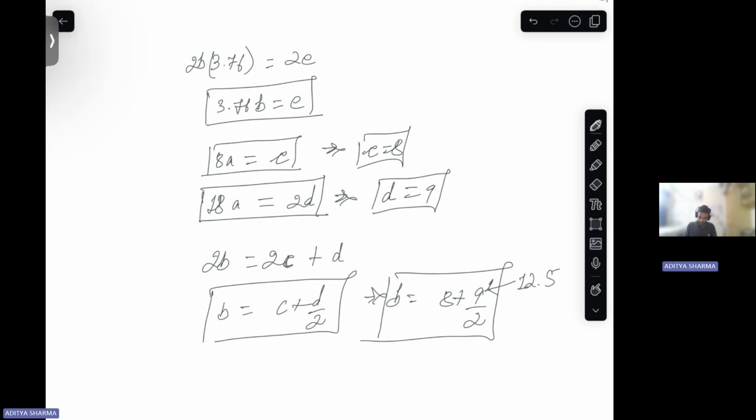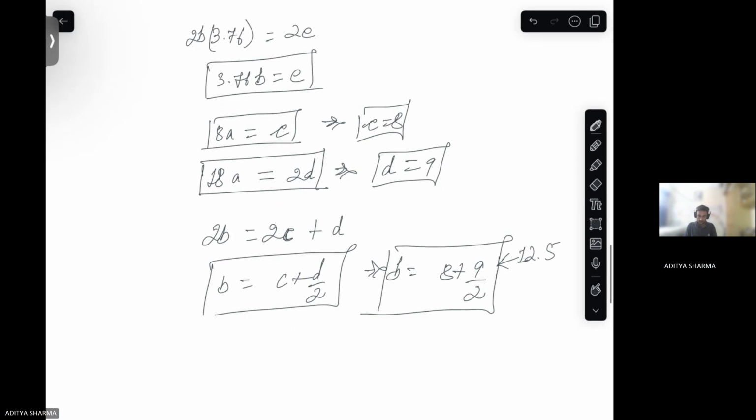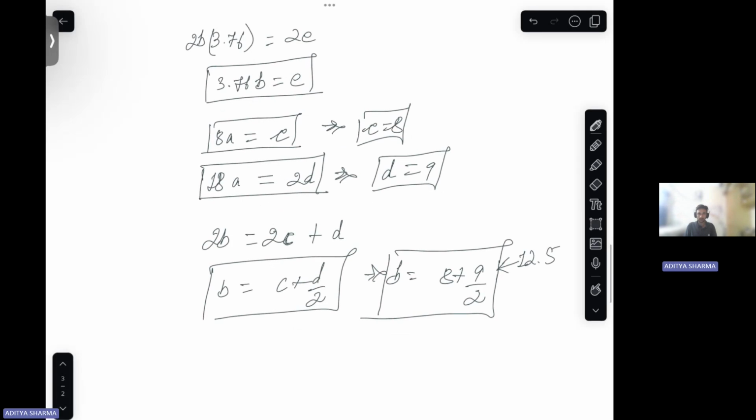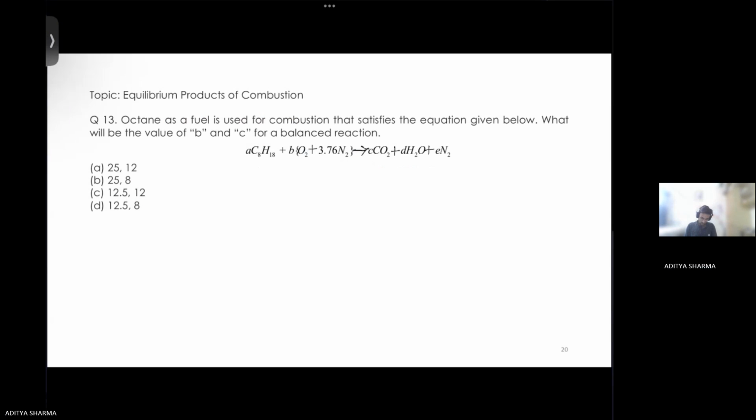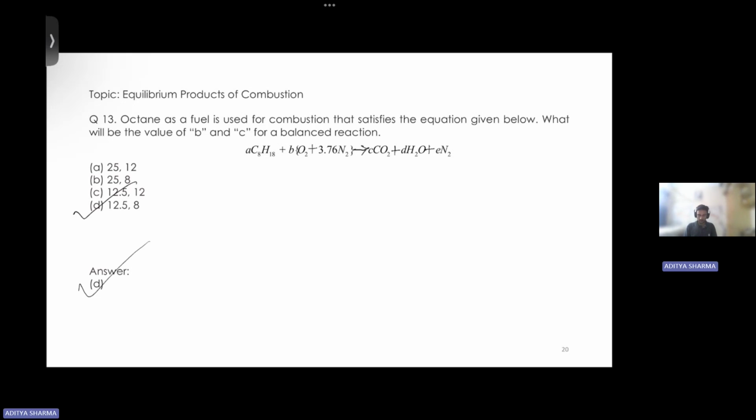This B will become 12.5. And what they have asked for C is 8, right? So D option will be correct. Okay, so D option is correct.